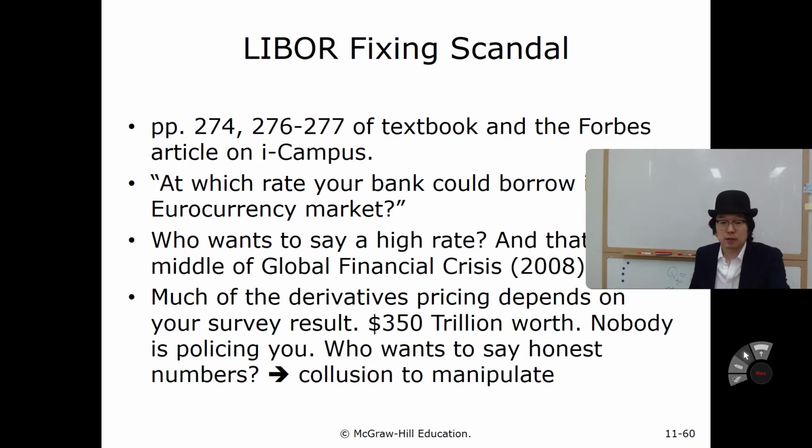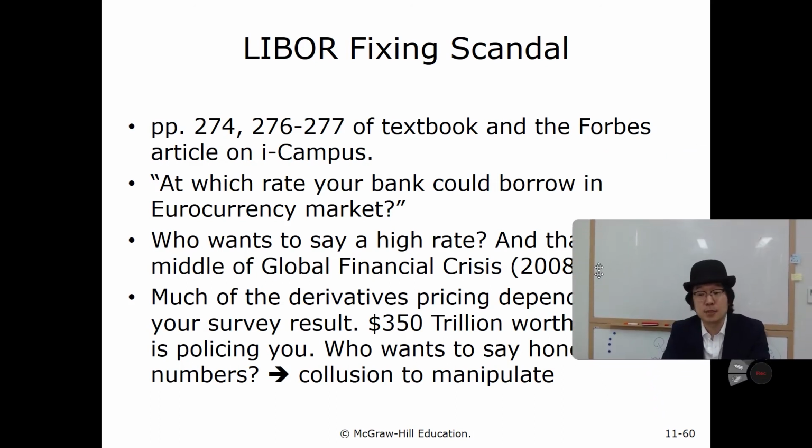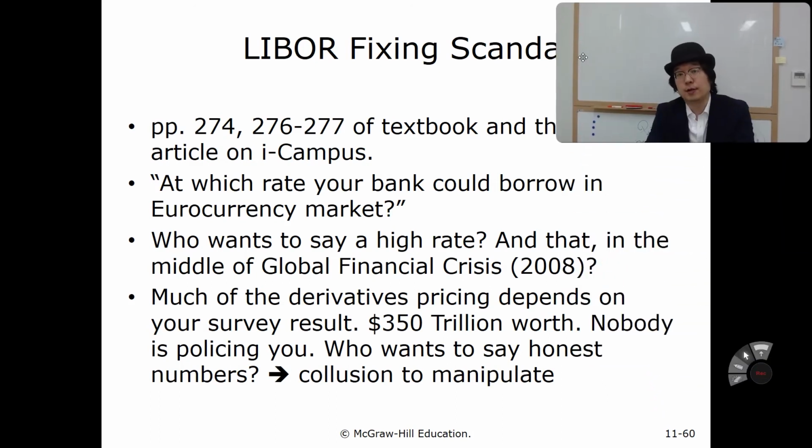You go ahead and read this part of the textbook, okay? And then also I posted a Forbes magazine article on iCampus. Also I posted a Korean news article that was published a week ago, okay? Associated with the LIBOR fixing scandal, right?